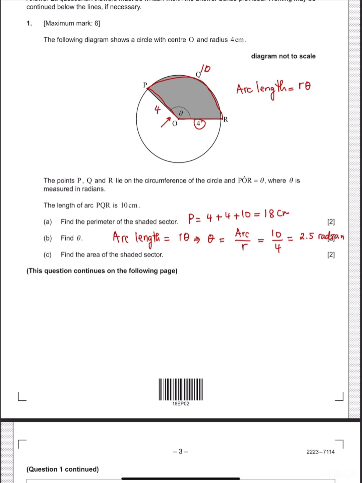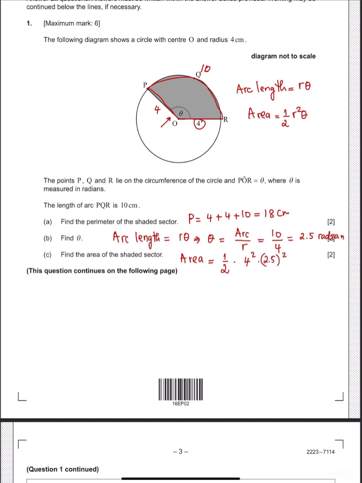So find the area of the shaded sector. The area of the sector is equal to one over two r squared theta. So area equals one over two times r squared, that is 4 squared, times 2.5.